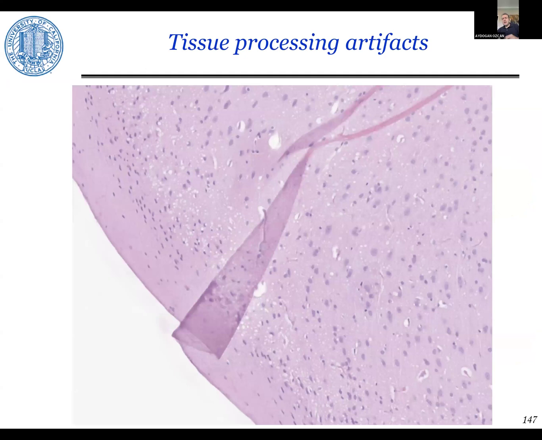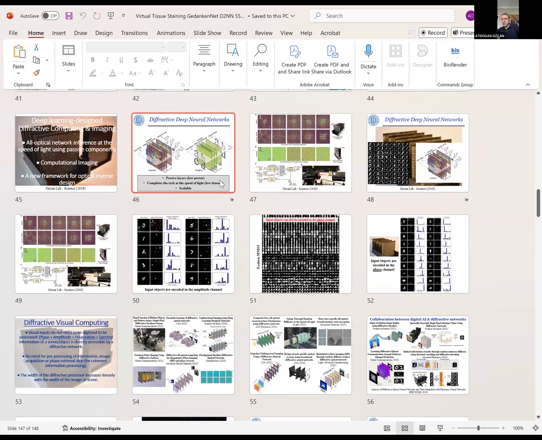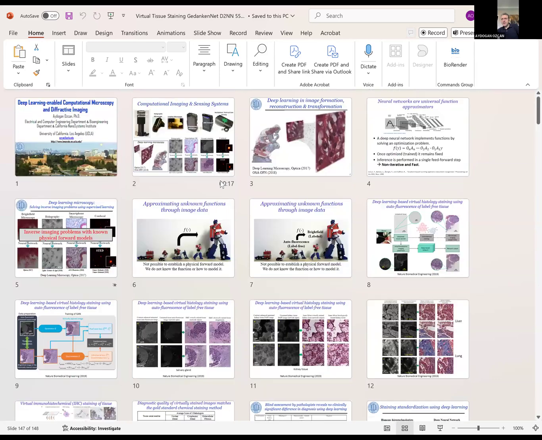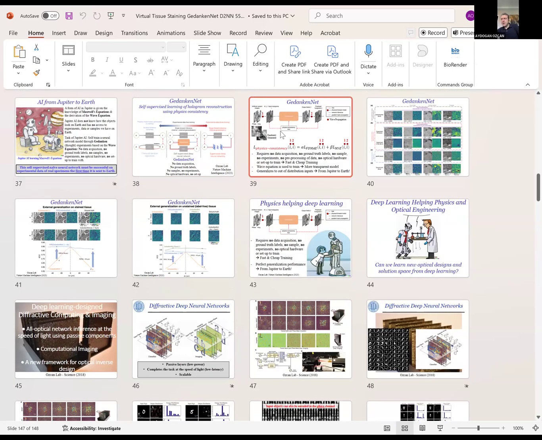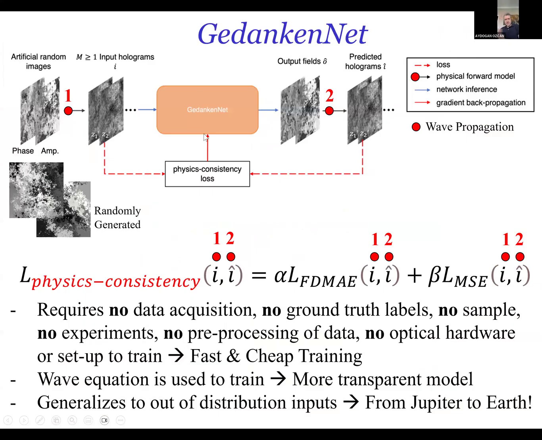Yeah, so the GedankenNet framework inference is very fast. You're looking at maybe sub-second per millimeter square. So if I go back to GedankenNet here, this box is composed of Fourier transform modules that are learned.